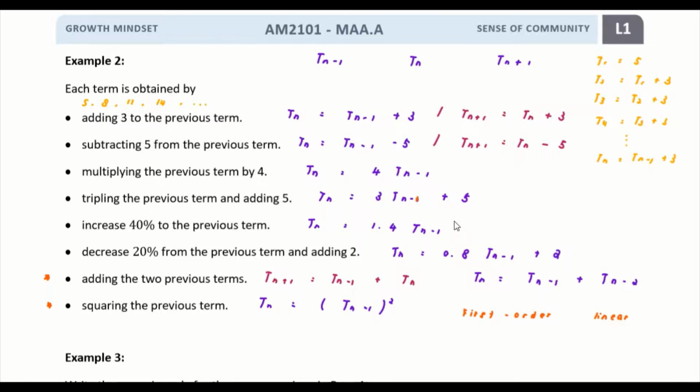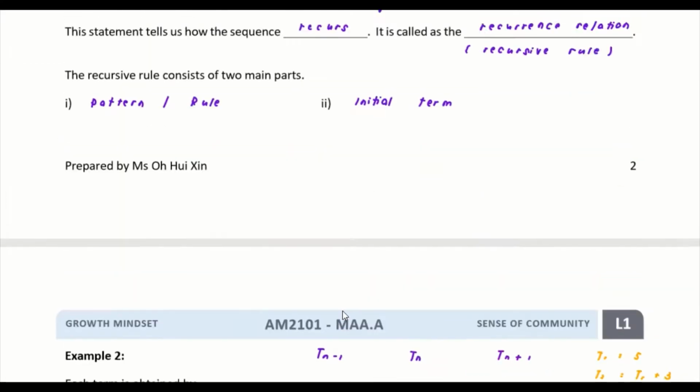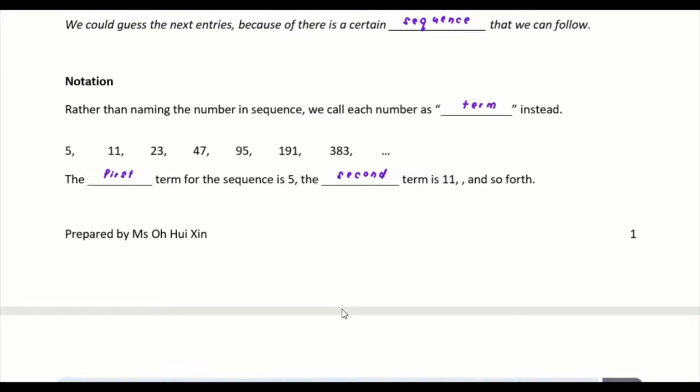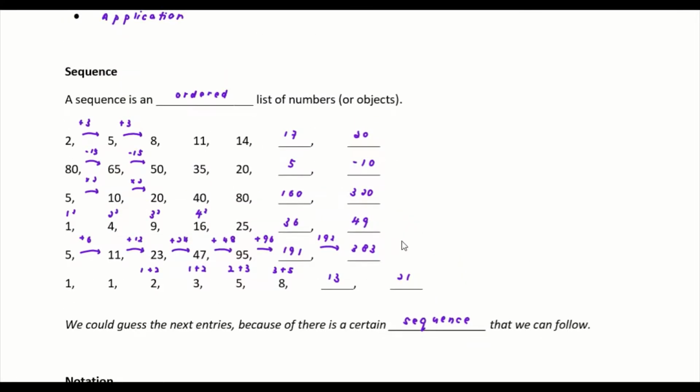So now let's go on to example 3. Write down the recursive rule for the sequence given in page 1. I'm going to focus on the first 5, especially the first 3; the rest wouldn't be related so much to your syllabus, but it's good that you can understand.